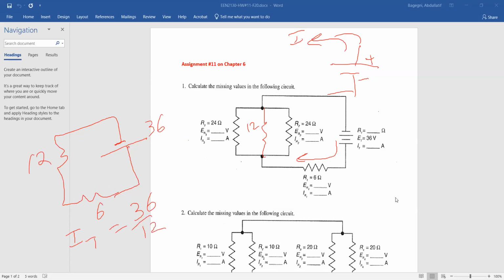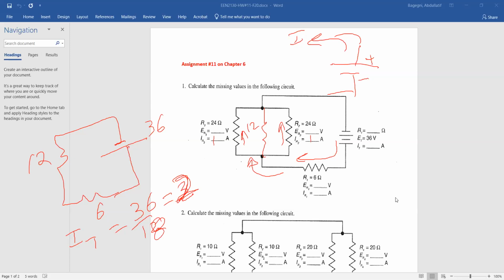And this current is going to split. So what's the voltage here? 3? Is it 3? Yeah, 6, 18, sorry. So that would be 2. Now this current, by logic, is 2 amps, and the resistances are equal, so it has to split equally. So there's 1 amp here and 1 amp here.